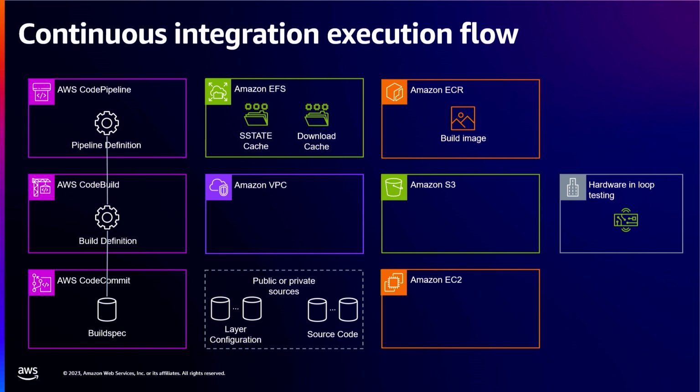So when the build system actually executes, then the build instance gets hydrated from ECR into CodeBuild. Now, CodeBuild, when you're using systems such as EFS and so forth, it goes into its own VPC, okay?